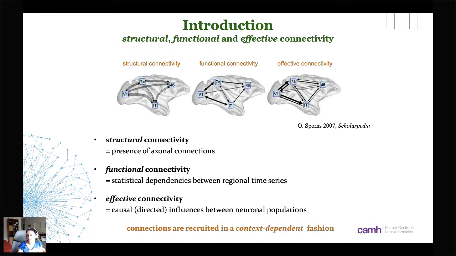So delay is one feature of a connection. And when we talk about effective connectivity, it also means that we are particularly interested in modeling feedback loops, so interactions between, let's say, two regions where the order of that interaction matters.